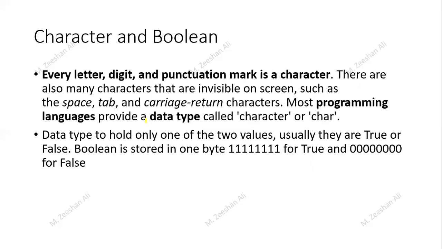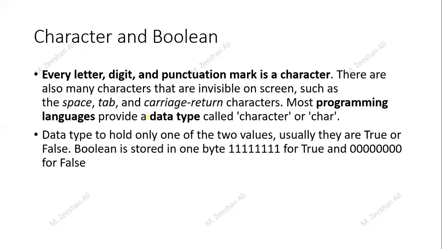For example, where do we use it? If I want to maintain the attendance of students, it is good enough for me to write P for present or A for absent. Only these two values. So why should I declare it as a string? If I declare it as a string, I can store the whole word present there.